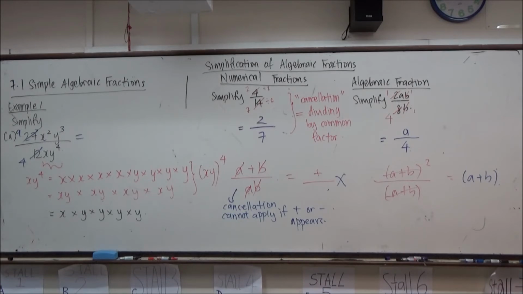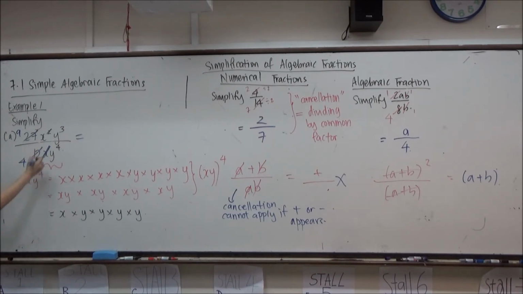Okay? Then at the top, we got x squared. X squared is x times x. Bottom we only got a single x, 1 x only. So I can only cancel how many x? 1 time. So I just cancel away the 2 and then 1 at the bottom, so that I'm only left with 1 single x at the top. Alright, only left with 1. Okay?